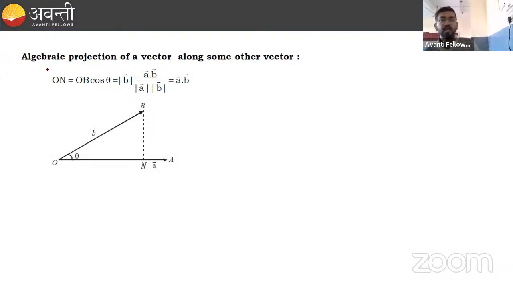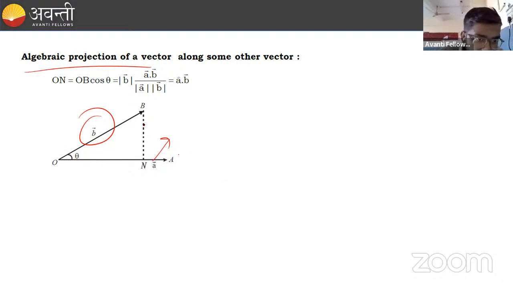Now, algebraic projection of a vector along some other vector. This is actually what you want to find out: the projection of b bar on some vector a bar. First of all, the projection of b bar on a bar will have a length this much, and the direction will be in the direction of a bar.